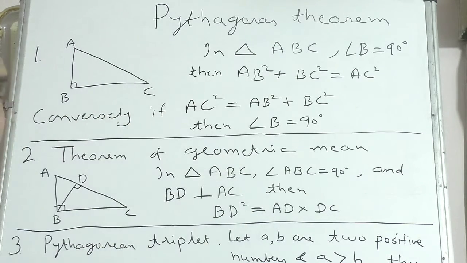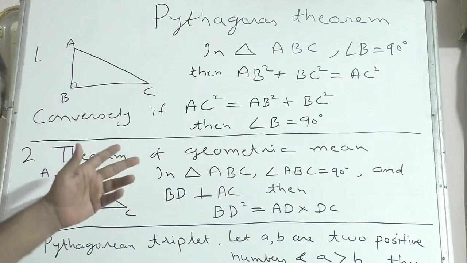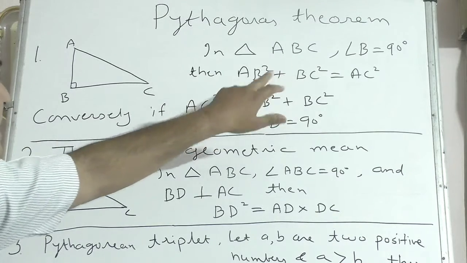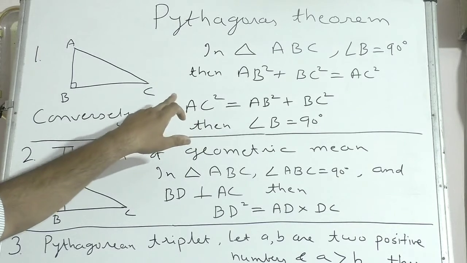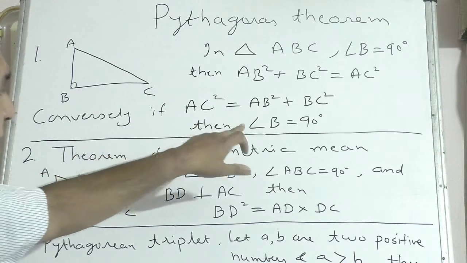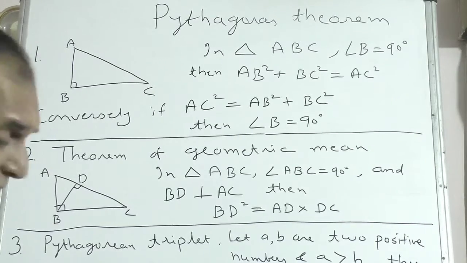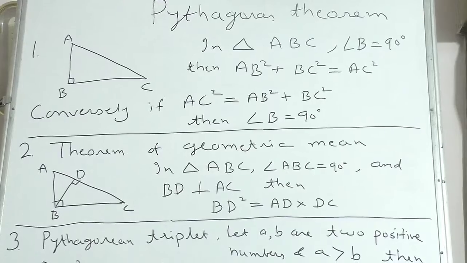AB square plus BC square equal to AC square. Okay? Converse of Pythagoras theorem, if this is given AC square equal to AB square plus BC square, then AC is the hypotenuse, opposite to AC, and this angle B is 90 degree. This is converse of Pythagoras theorem. Names may be different, triangle PQR, but you don't get confused.